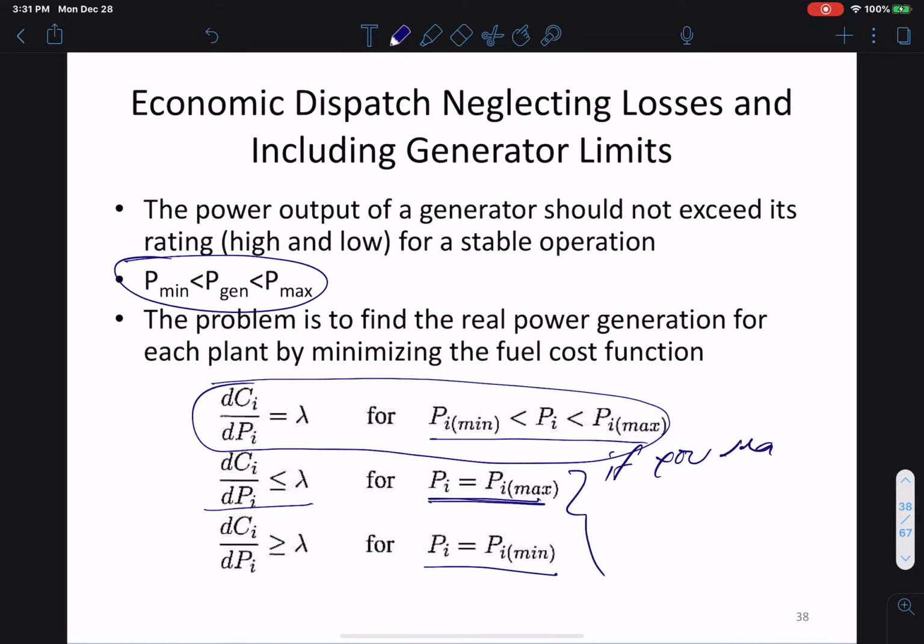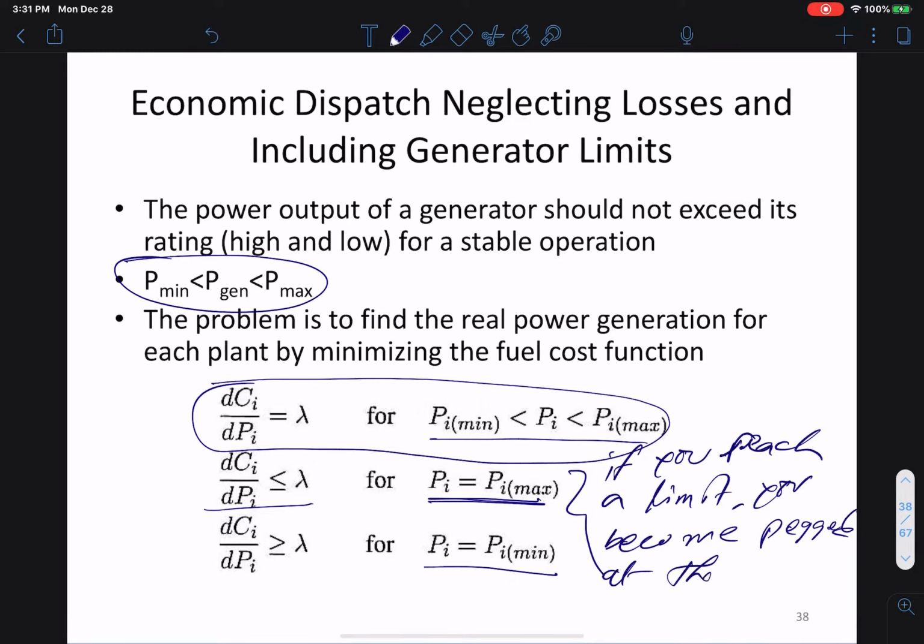If you reach a limit, you become pegged at that limit. That means you now generate the limit amount, and you need to take your power plant out of the solution at that point because you don't have any more adjustment.